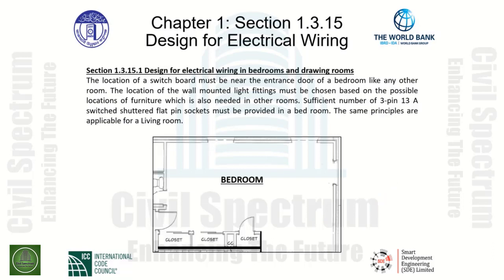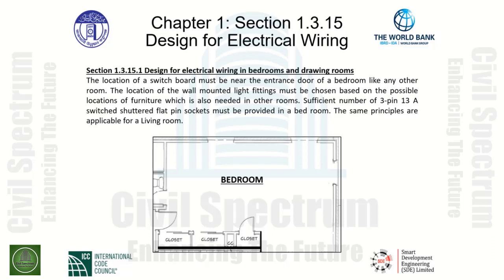Let's understand the design requirements with respect to section 1.3.15.1, titled Design for Electrical Wiring in Bedrooms and Drawing Rooms. The location of a switchboard must be near the entrance door of a bedroom, like any other room.